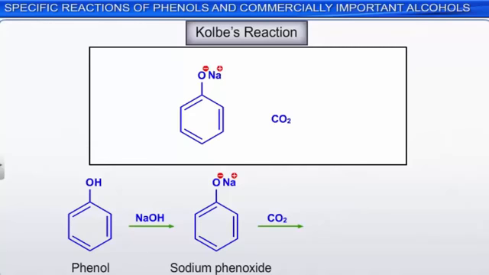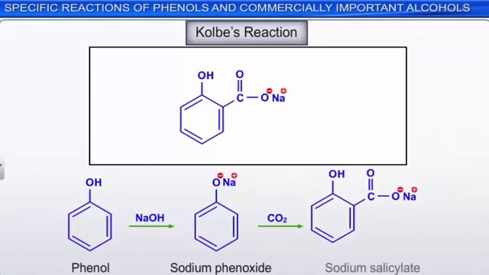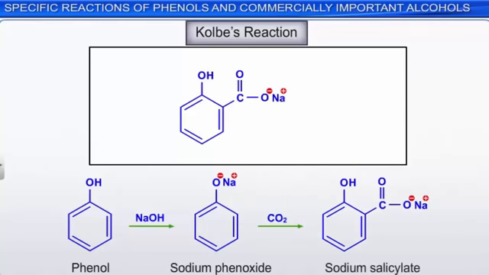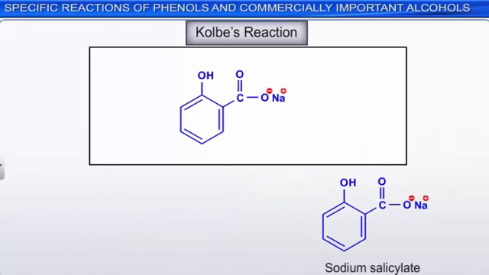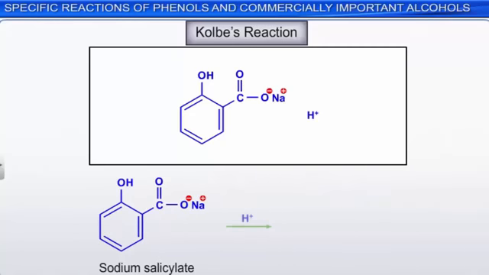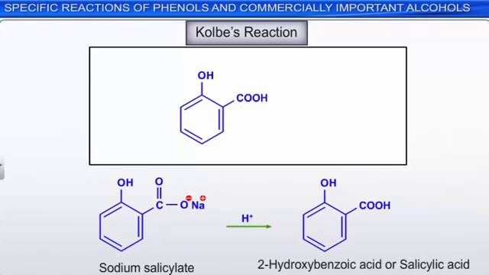Carbon dioxide, the neutral electrophile, attacks the phenoxide ion to form sodium salicylate. The sodium salicylate, when acidified, forms 2-hydroxybenzoic acid or salicylic acid. The ortho position is favored in Kolbe-Schmitt synthesis.